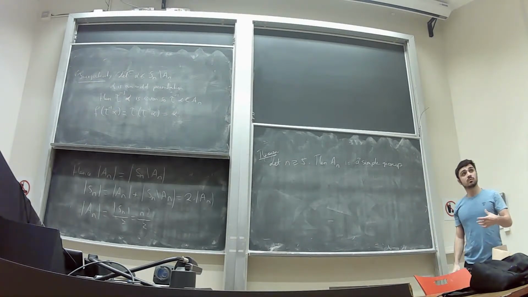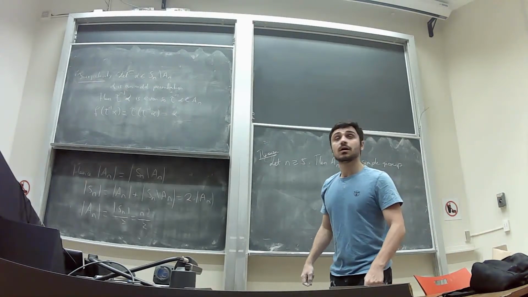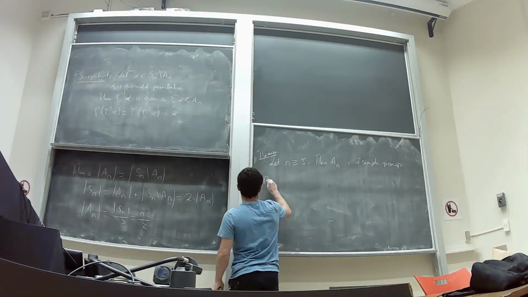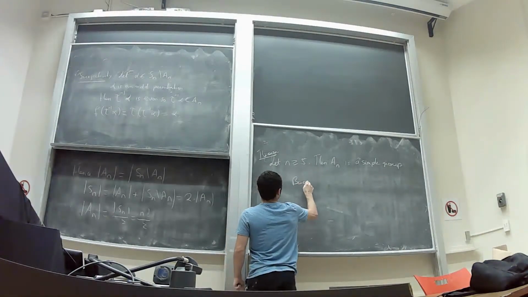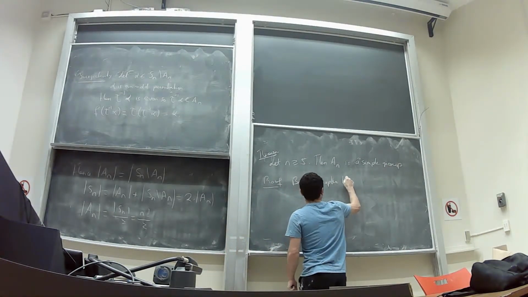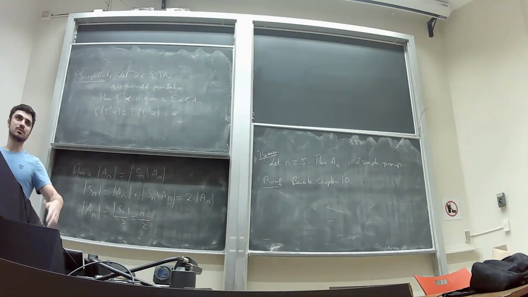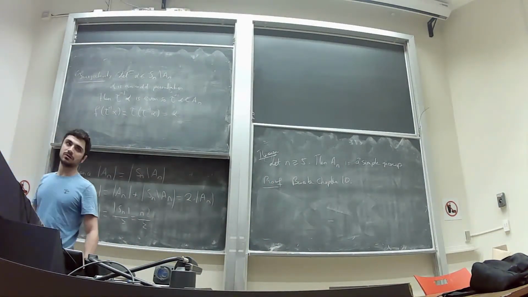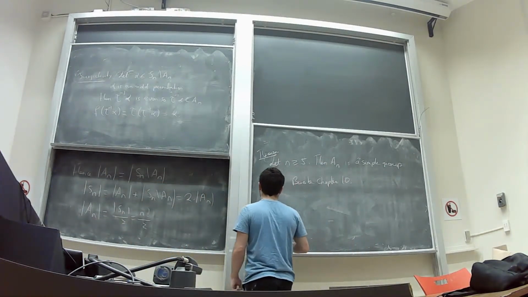Basically An has no normal subgroups except the identity and An itself. The proof is in the book, chapter 10. You can quote it if you need to, and you can read the proof.